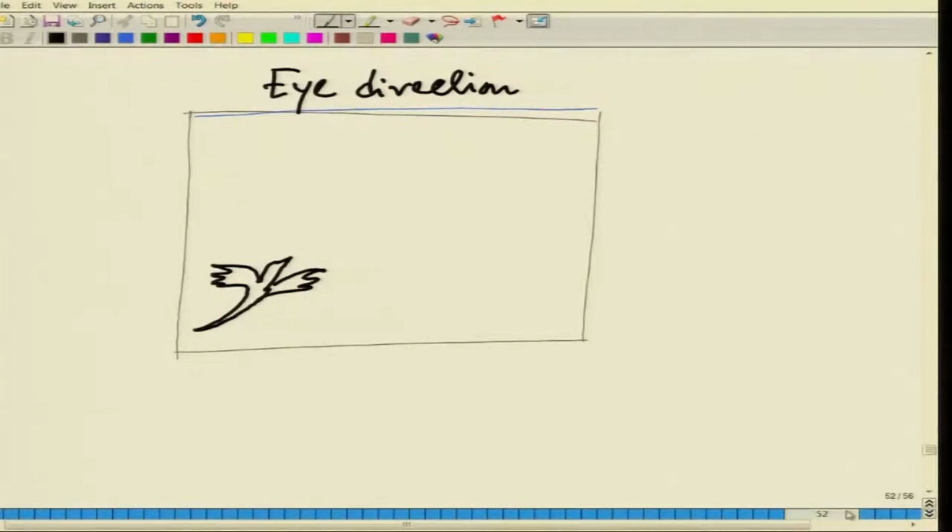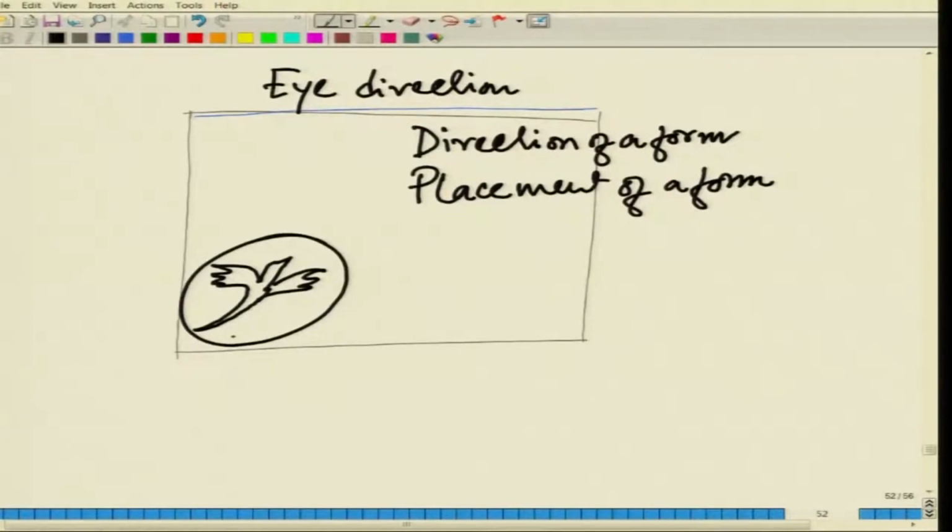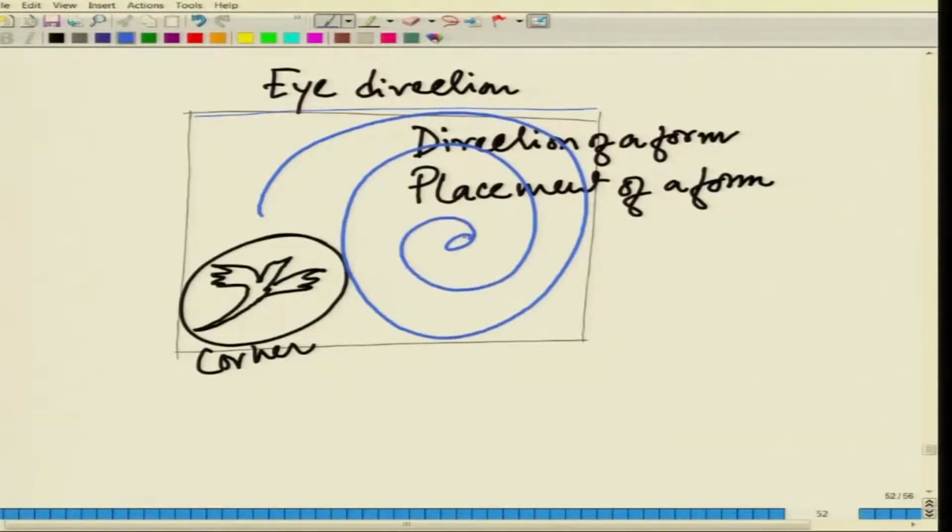Stability also depends on other factors like the direction of the form, placement of a form. Just because this form is placed in one corner, it is getting a whole lot of visual space to move. So, it gives us a feel as if the form is going to have more space to move.